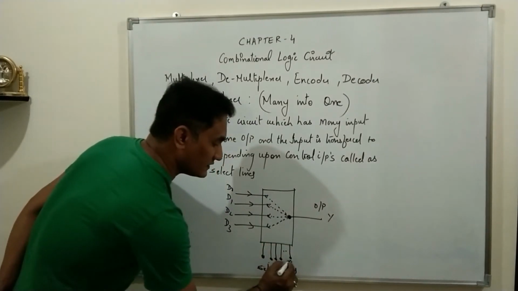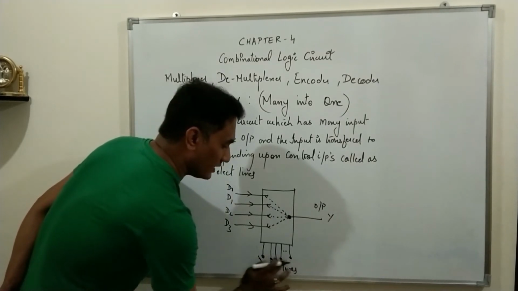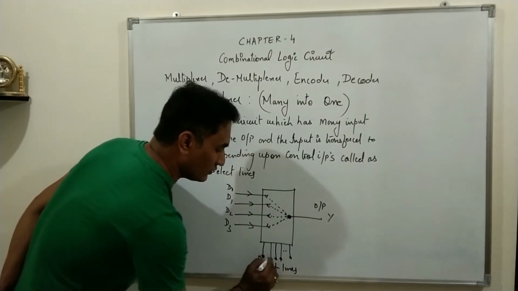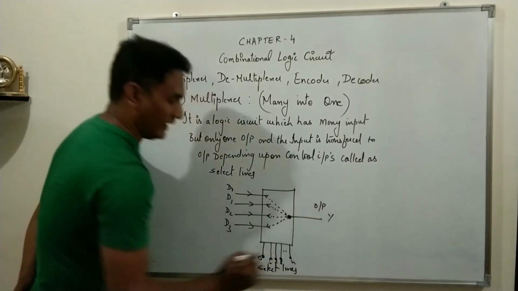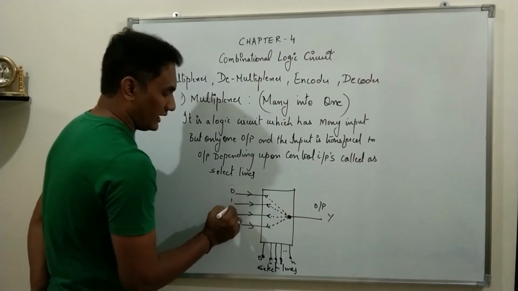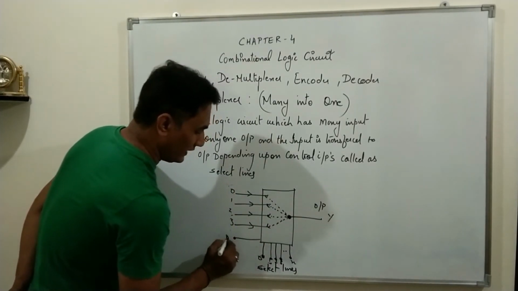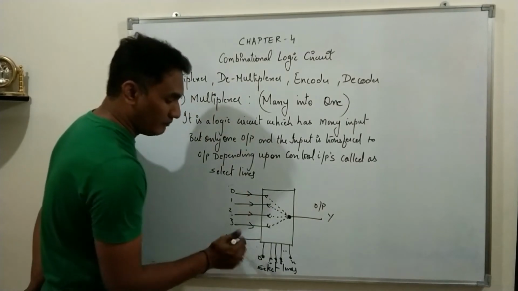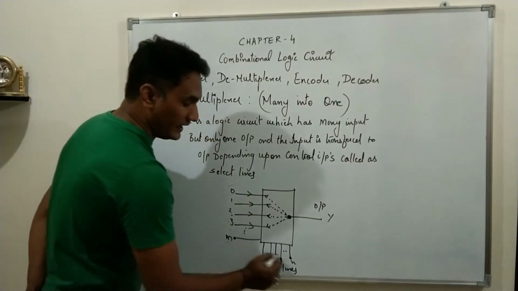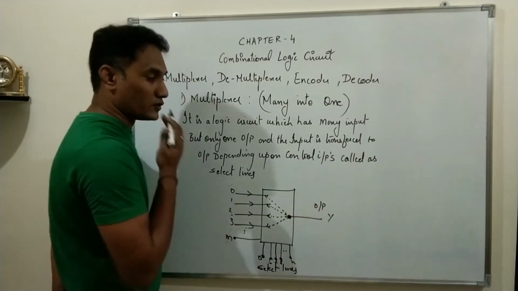So if you have m number of inputs, there will be n number of select lines which will enable these inputs to transfer to the output.